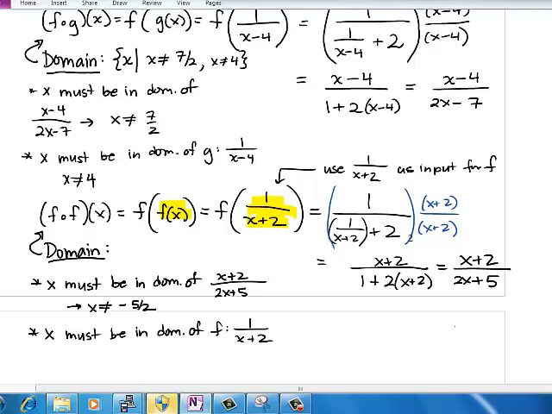So x cannot be negative 2. So again, it's not because of the x plus 2 in the numerator, it's because the input x has to go into the function f first, and negative 2 is not a valid value for the domain of f. So we have x such that x is not negative 5/2, and x is not negative 2, but anything else is fine.